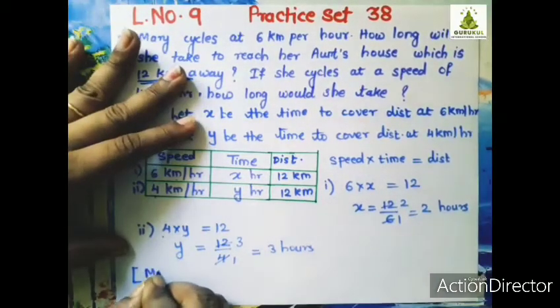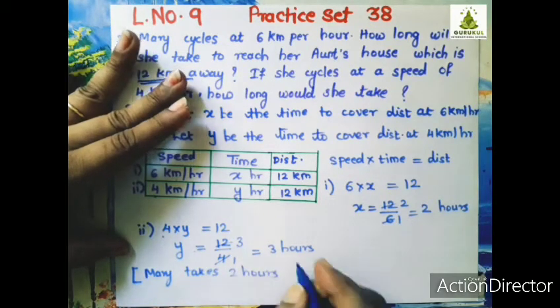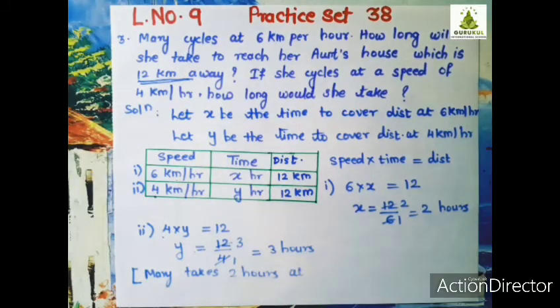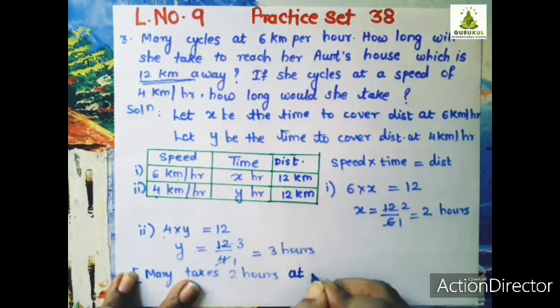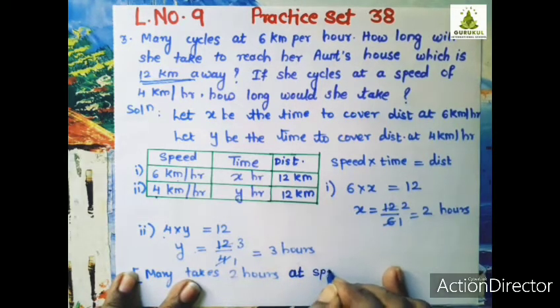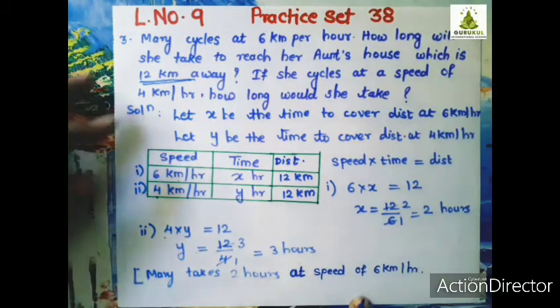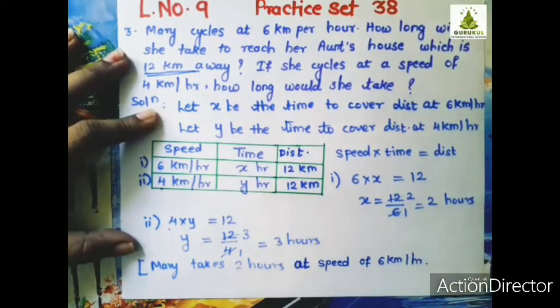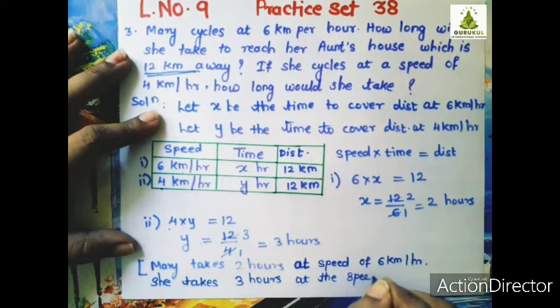Mary takes 2 hours at the speed of 6 kilometers per hour, and she takes 3 hours at the speed of 4 kilometers per hour.